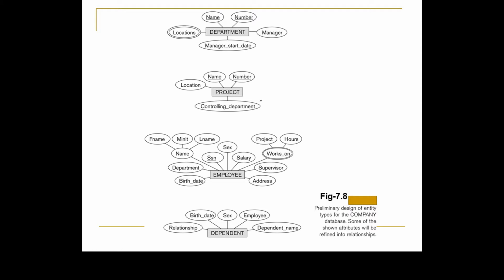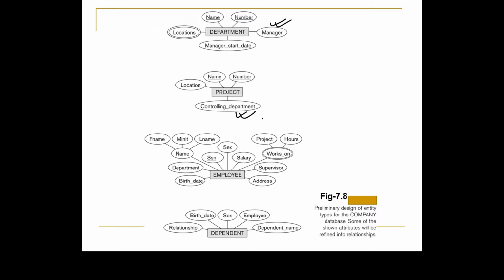First of all, manager of department refers to an employee who manages the department. And then the controlling department attribute of project refers to the department that controls the project.